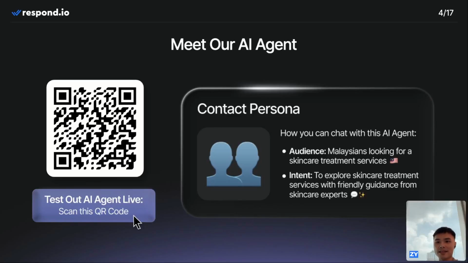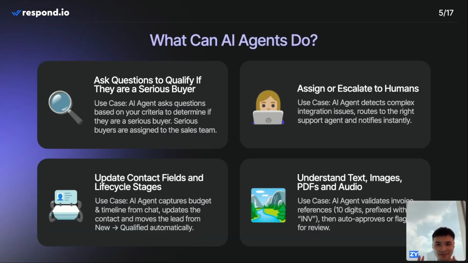You can start testing it and continue chatting with the AI agent while I continue the workshop. You can also continue even after this section. The link will stay available for a while. Just click on the button there on the screen, Test AI Agent. Without further ado, let's move forward to the next slide.